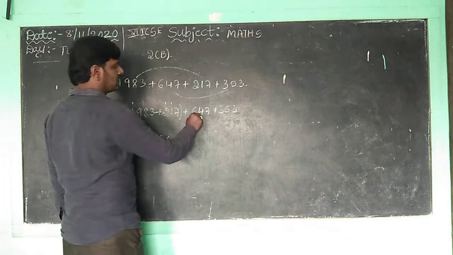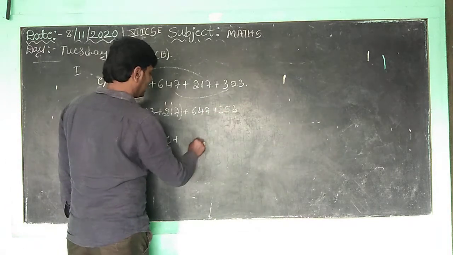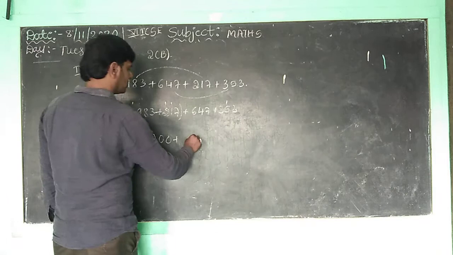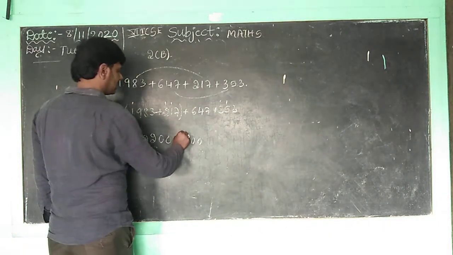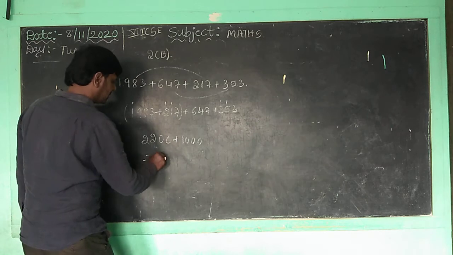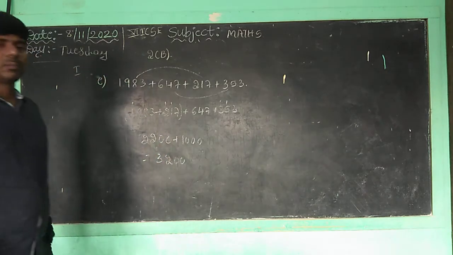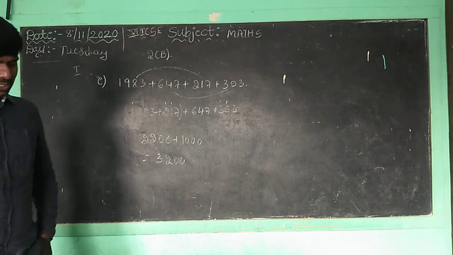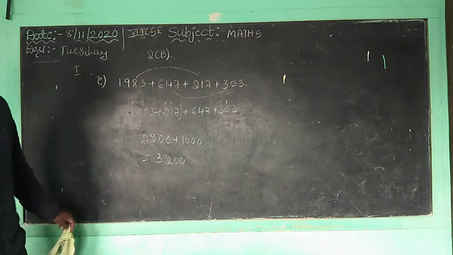Plus 647 plus 353 is 1000: 7 plus 3 is 10, carry 1, 1 plus 5 is 6, 6 plus 4 is 10, and carry 1, 1 plus 3 is 4, 4 plus 6 is 10. So this one is 3200, because 2200 plus 1000 is equal to 3200. You can understand, children.